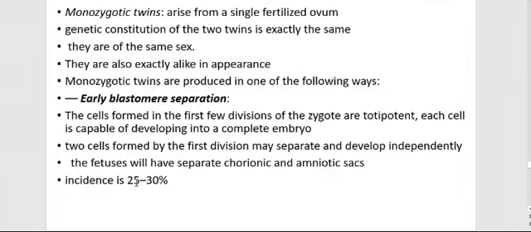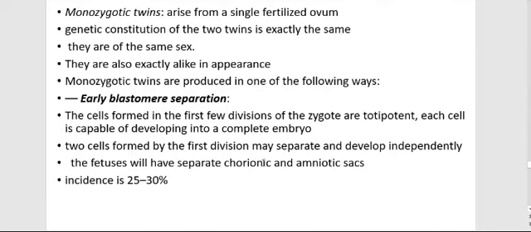So when they develop, these fetuses are going to have their own placenta, because we haven't formed the trophoblast yet. Each one will have their own placenta, and their own amniotic cavity or amniotic sac. No trophoblast has been formed, and the embryoblast has also not yet been formed. So when they start developing, they'll form their own trophoblast and their own embryoblast. So these are formed at early blastomere separation.